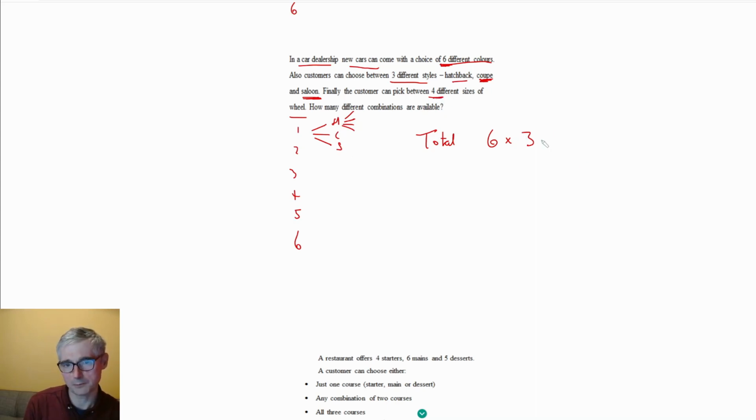So we can just times that by the number of wheel size options as well. So 6 times 3 is 18, times by 4 should give us 72. So there's 72 different combinations available.